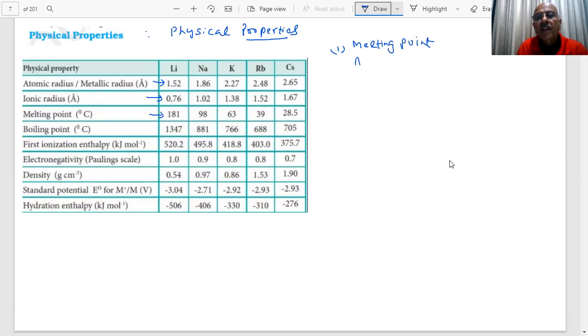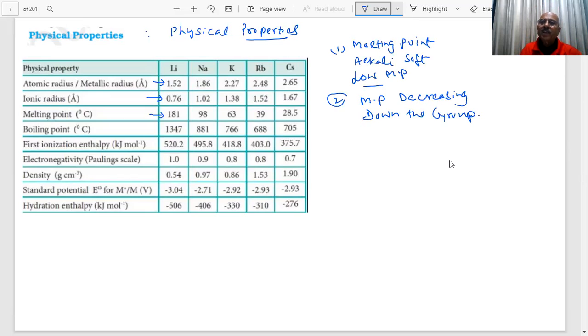Alkali metals are soft and have low melting points. And melting points are decreasing down the group.